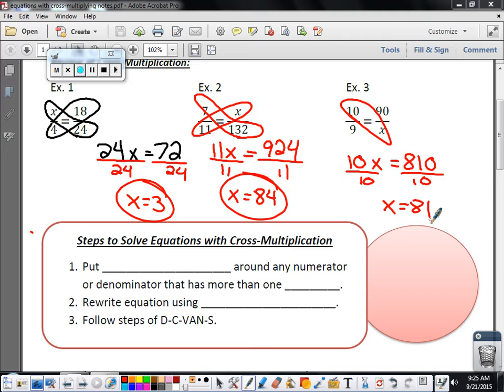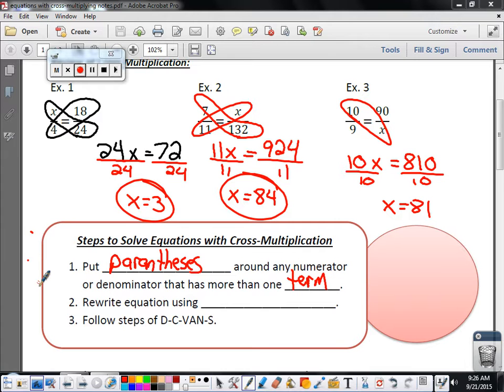All right, so let's fill in these notes. It says steps to solve equations with cross multiplication. Number 1, put parentheses around any numerator or denominator that has more than one term.